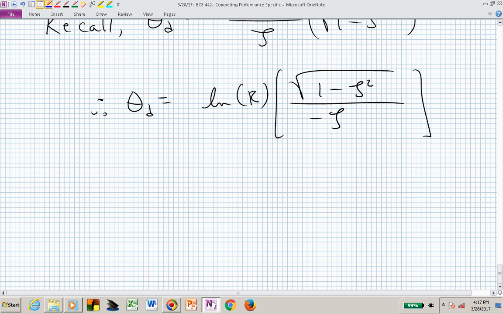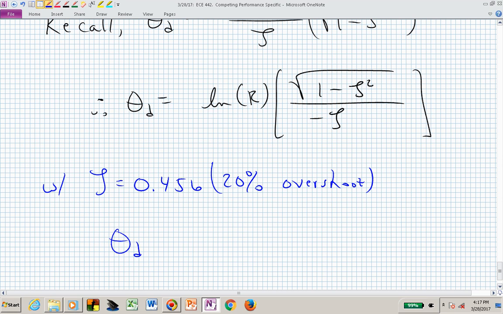With this parameterized way of writing our angle equation, theta sub d, now with zeta equal to 0.456, which is consistent with a 20% overshoot, we can plug theta sub d into the bracketed piece of that right-hand side, and we now have minus the natural log of r.